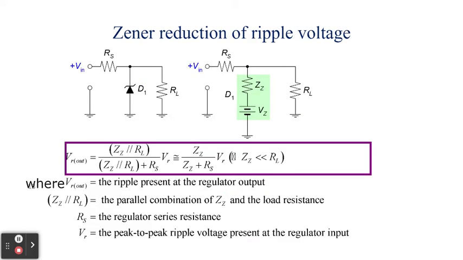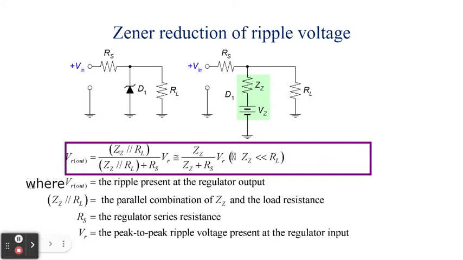Let's see the other formula here, which refers to the calculation of the VR here. In our example, we have ZZ parallel to RL. That will be multiplying Z and R divided by Z plus R. We did not show it here, but when you say ZZ parallel to RL, it means that you have to multiply ZZ and RL and then divide the answer by the sum of ZZ and RL.